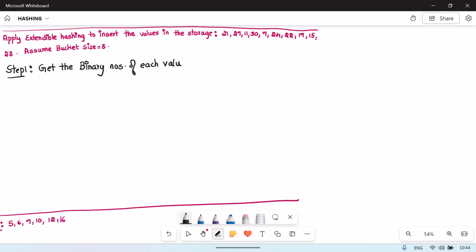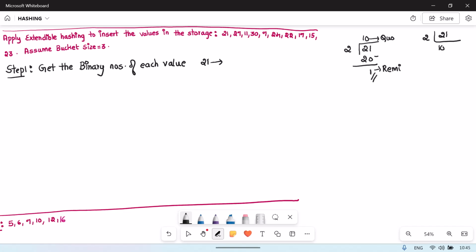Each value as in you have to get the binary number of 21, 27, and so on. So we'll do that. First get the binary number of 21. How to convert 21 into binary? You will have to repeatedly divide it by 2. So 21 divided by 2. 2 times 10 is 20. Subtract it and you will get the value 1. So this is your quotient and this is your remainder.